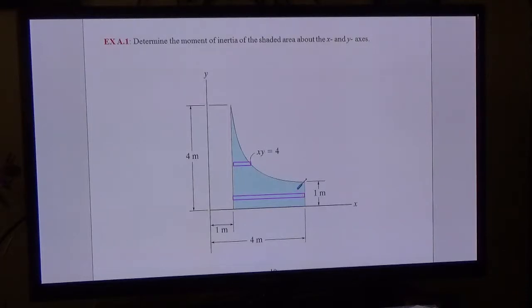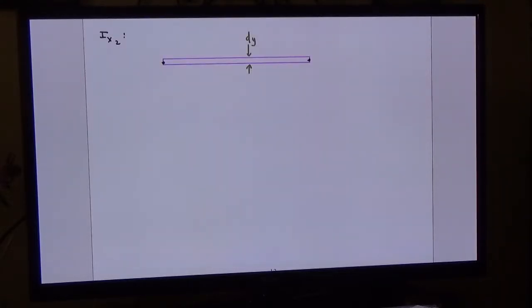At the right-hand side, whatever y value I'm at, I have an x value of 4. So my coordinate here would be 1, y. Here would be 4, y. Calculating dA, we have the width, which is the right coordinate minus the left, so 4 minus 1, times the height, dy, gives me 3 dy.